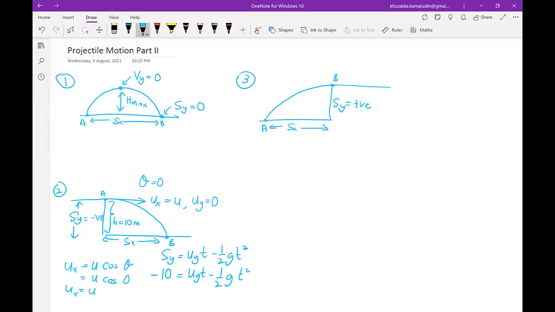Okay, selesai number 3. Number 4, you could have the question something like this. Okay, this one. Alright, so let's say dia bagi like this. Okay, kita bagi exactly. Alright, okay.